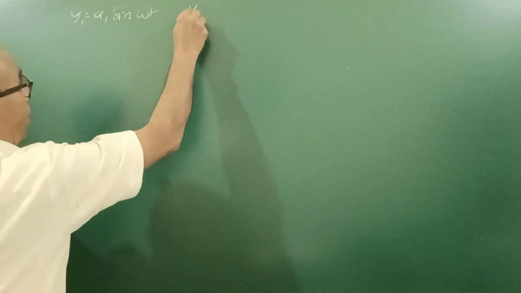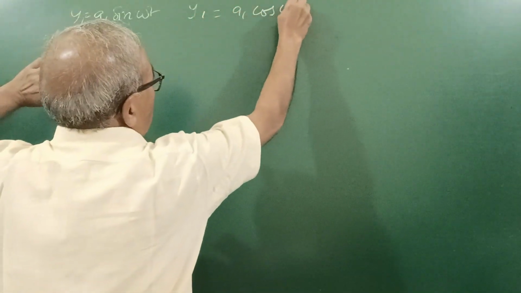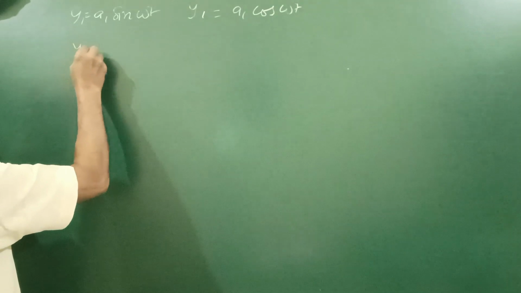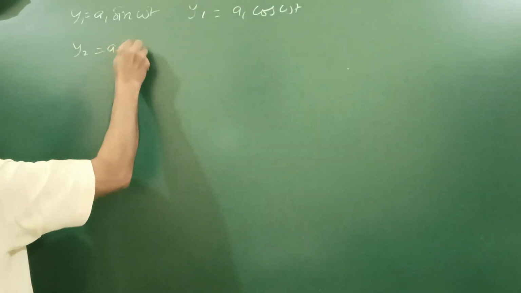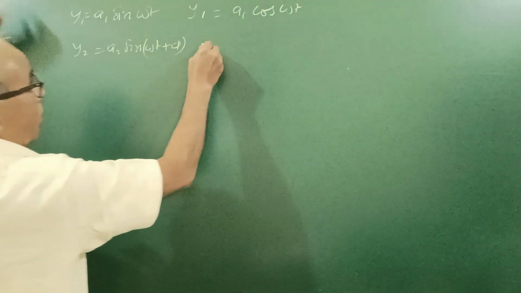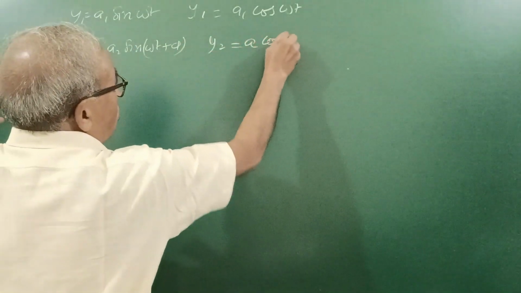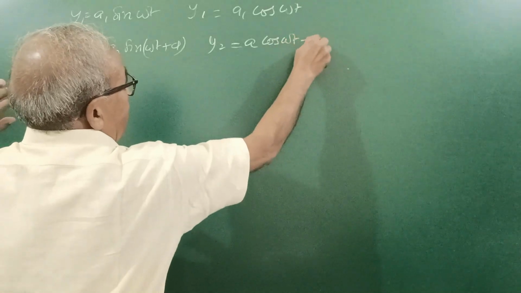So first of all, we have derived: y1 equals a1 sin omega t, or y1 equals a1 cos omega t, it is the same thing, and y2 equals a2 sin(omega t plus phi), or y2 equals a2 cos(omega t plus phi).